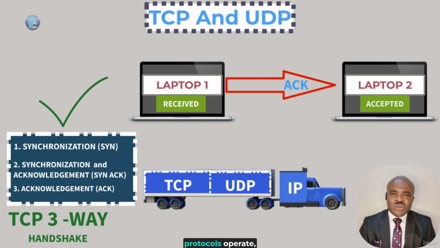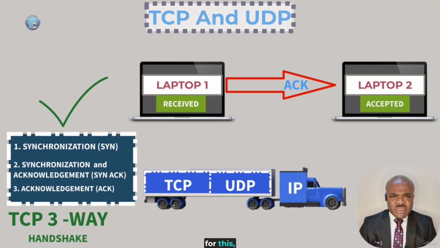Because of the way these protocols operate, we consider TCP to be a reliable protocol because it is connection-oriented, and we consider UDP to be an unreliable protocol because we don't have any acknowledgements when we use that method. That begs the question, why would we ever want to use an unreliable protocol?